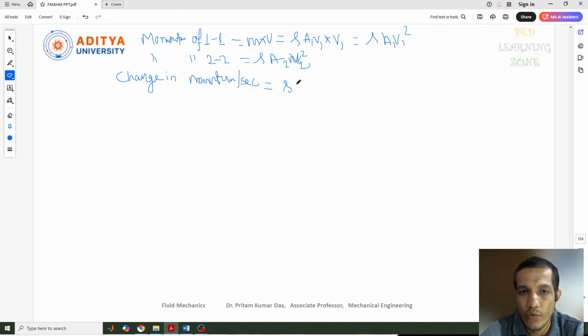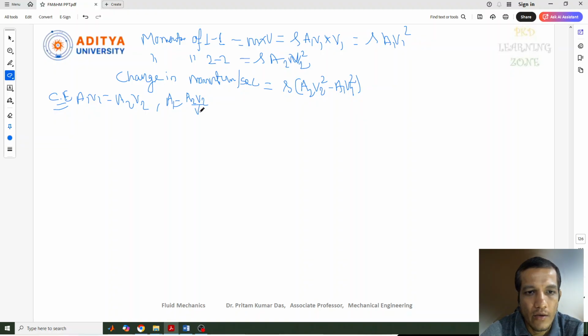Rho can be taken common, so we write rho (a2 v2 square minus a1 v1 square). But from the continuity equation, as I told you already, a1 v1 equals a2 v2. So from here we can write a1 equal to a2 v2 by v1.